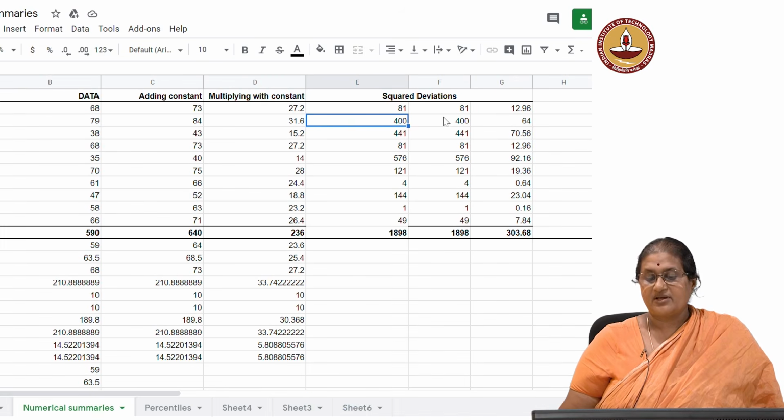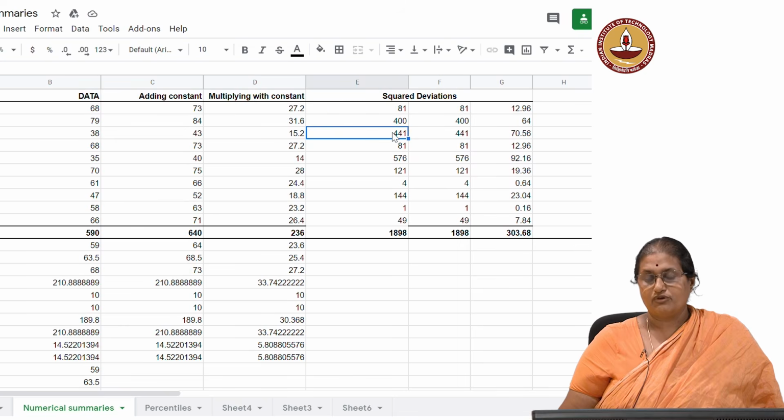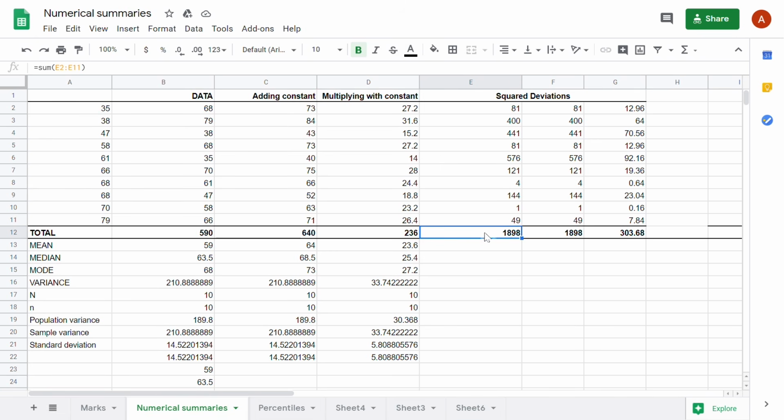Similarly, I have 400 for the second data point, 441 for the third, and so forth. My total sum of square deviations, as highlighted here, is 1898. Divided by 10 this would be 189.8, but when I divide it by 9, I get 210.88.